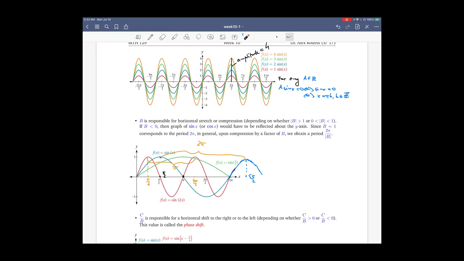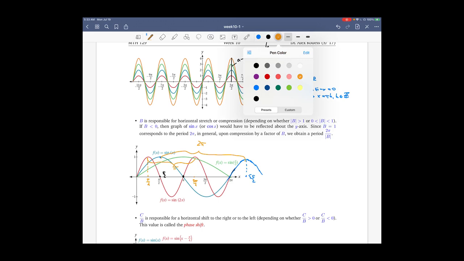For instance, it takes the green curve 2 pi seconds to get to 0, as opposed to the blue curve, which only takes pi seconds to get to 0. The period of the green curve will be not 2 pi, but 4 pi.